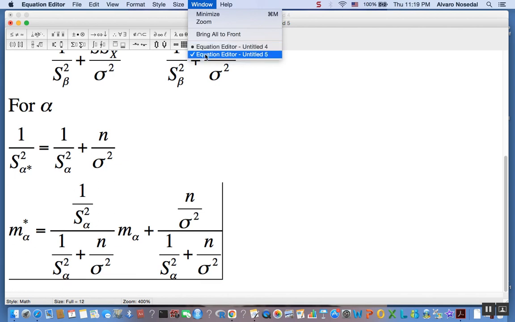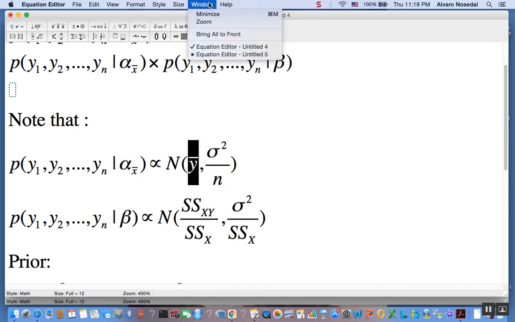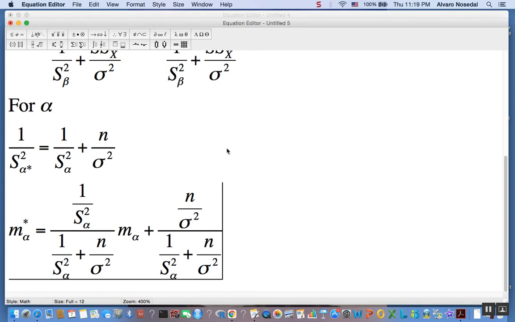In this case, guess what? It's going to match with that, because the least squares estimator for alpha x bar, for the intercept of the alternative form of the least squares regression line, happens to be y bar. Okay, so it's the same in this case.